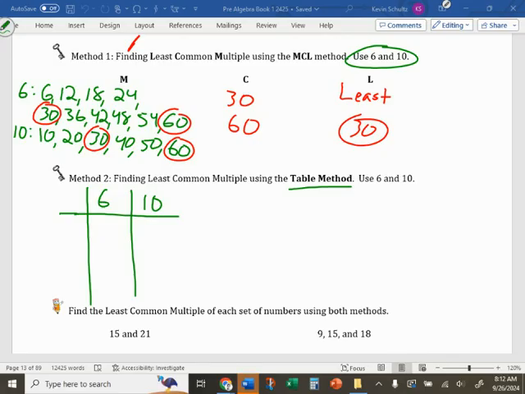What goes into both 6 and 10? 2, right? So the 2 goes outside here, and we're going to divide by 2 and divide by 2, again, just like we would in greatest common factor. Okay? So 6 divided by 2 is 3, 10 divided by 2 is 5. Right? Now, what goes into both 3 and 5? Nothing. 1, right? And like we've said before, when you get the 1, that means you're done.